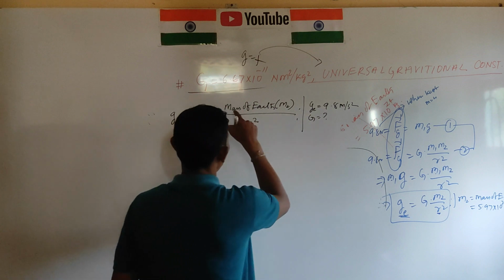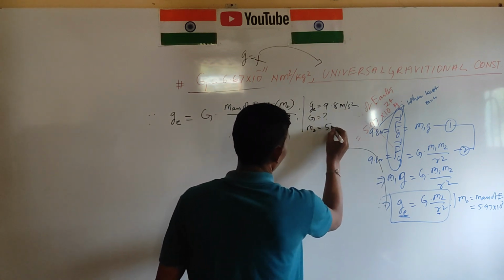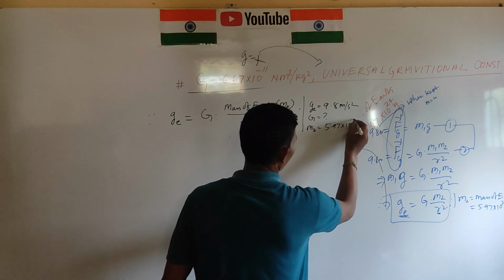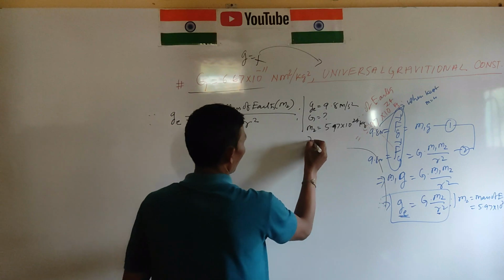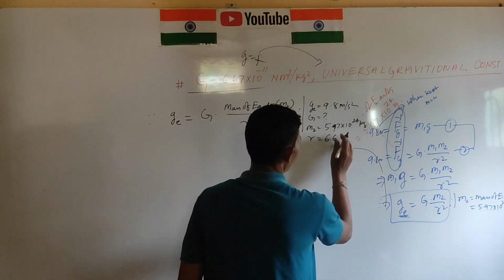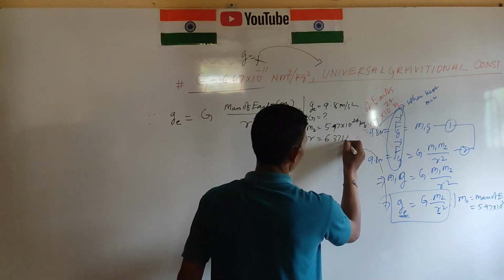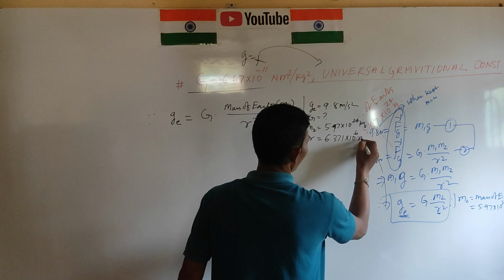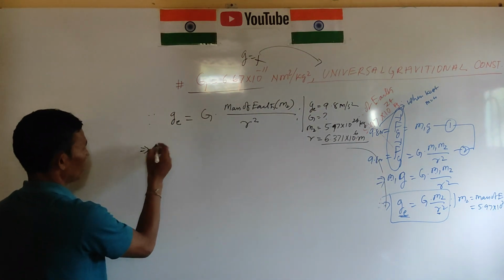Mass of earth we know, that is 5.97 into 10 to the power 24 kg, and this is R. R is how much? 6.371 into 10 to the power 6 meter. So we put and then we find out.